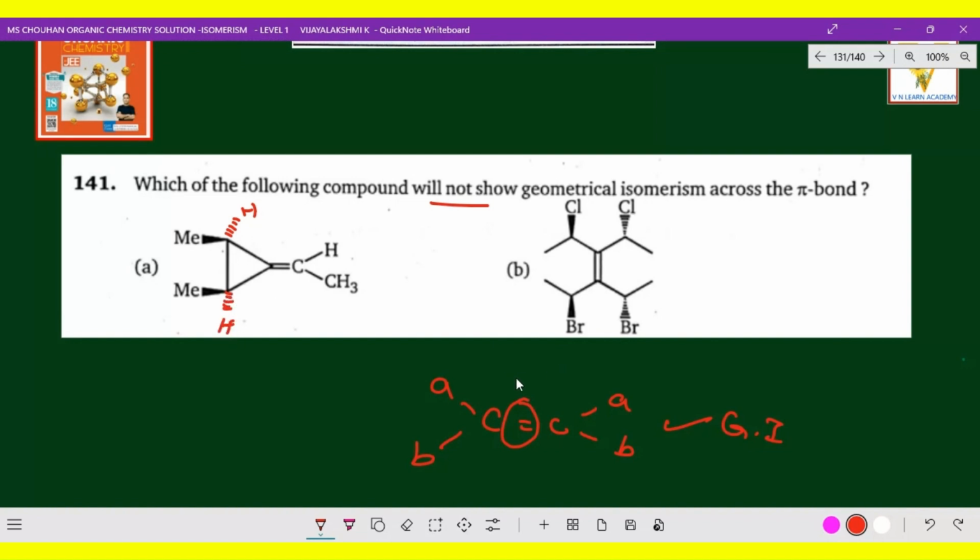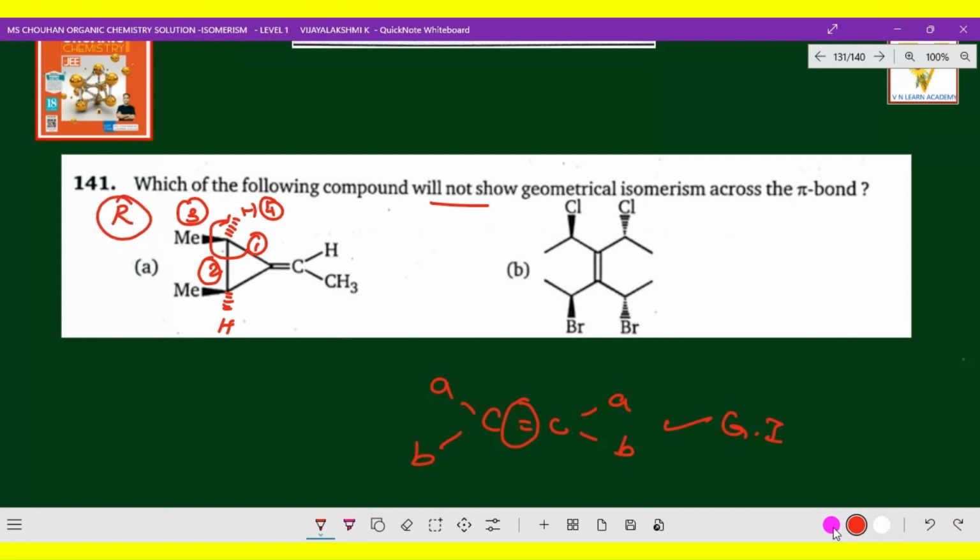How to identify RS configuration? The fourth priority should be on dash, then clockwise means R, anti-clockwise means S. Here 1, this side 2, this side 3, and this side 4. So 1, 2, 3 and 4 is clockwise, so it is R.